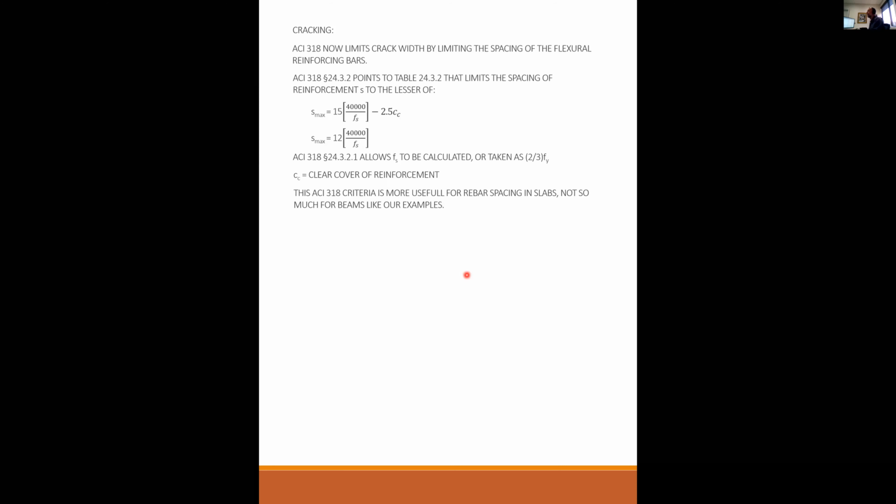I just throw a beam at you and say, all right, what's the capacity? Then you don't need to check it against Mu, but obviously I'm asking for the capacity, so I need to know what Mn or phi Mn is. But a lot of you on the design problems went down the road of picking a d dimension, figuring out how deep the beam is, then picking a steel, and then done.